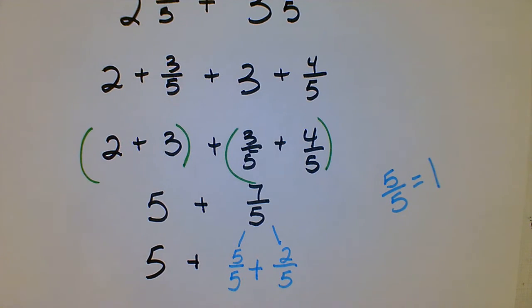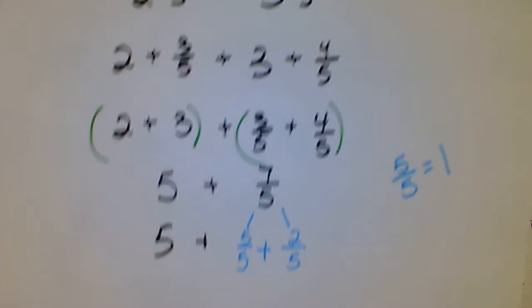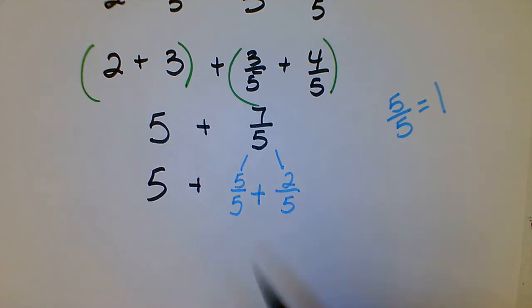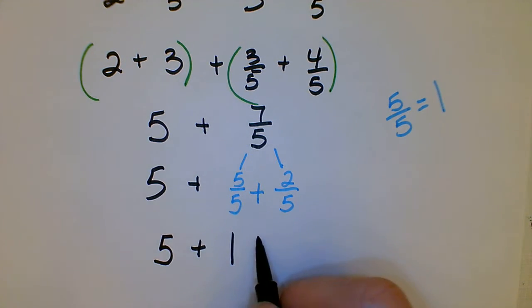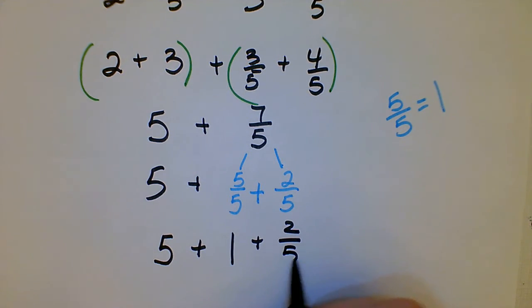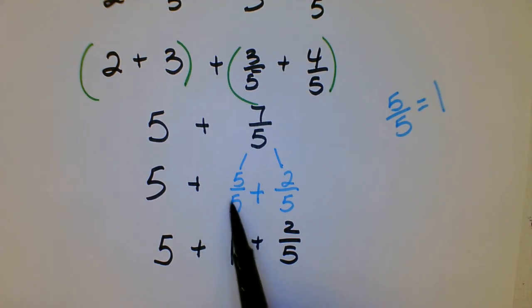And now what we can do is turn that 5/5 into one whole. So we have 1, and we still have our 5, and we have our 2/5. So 5 is still 5, 5/5, here's our rule, becomes 1, and the 2/5 stays 2/5.